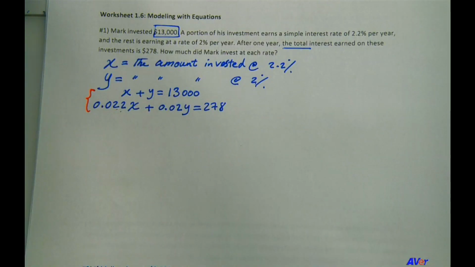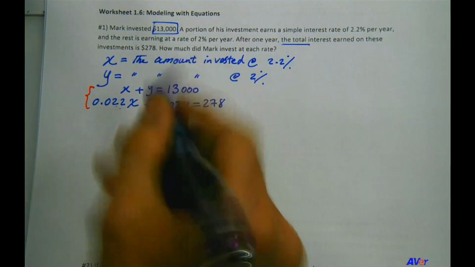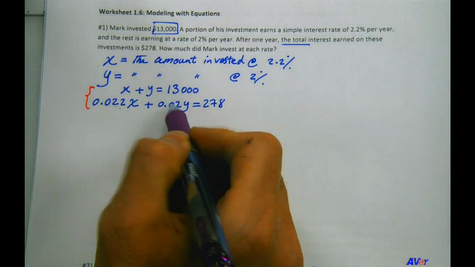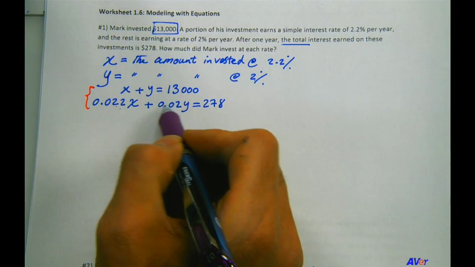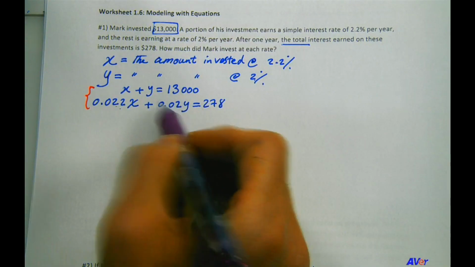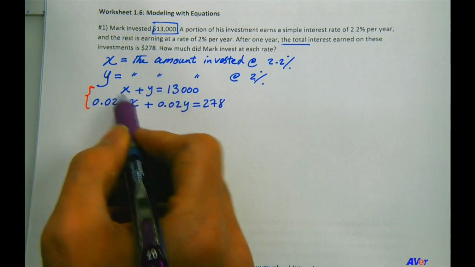All right. So now, once we have two equations, we can use the method of elimination to get rid of one of these variables, solve for the other variable, and then plug back and solve for the second variable. So you can decide to eliminate any of these variables, x or y.